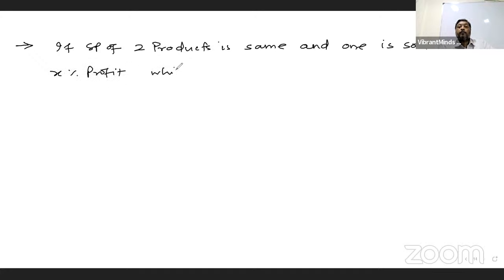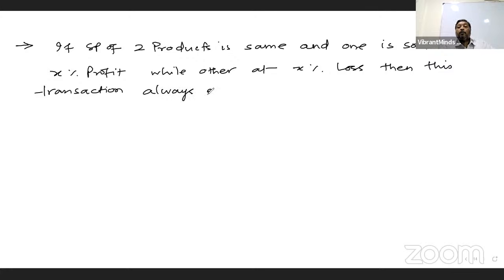If the selling price of 2 products is the same, and one is sold at X% profit while the other at X% loss, then this transaction always ends in loss.